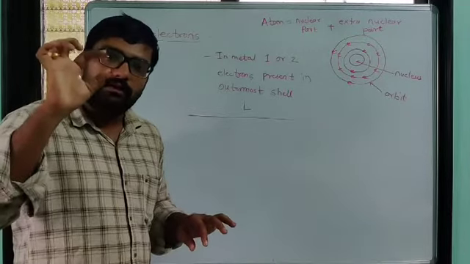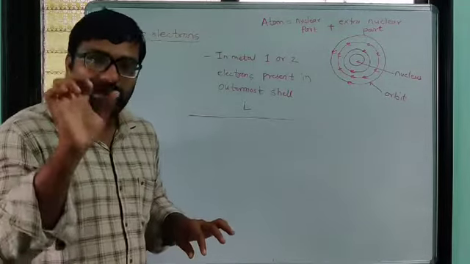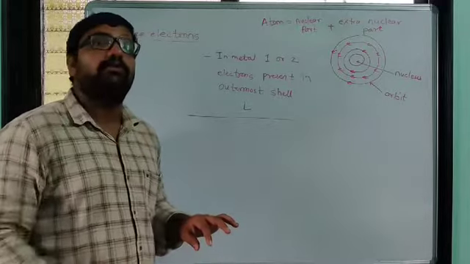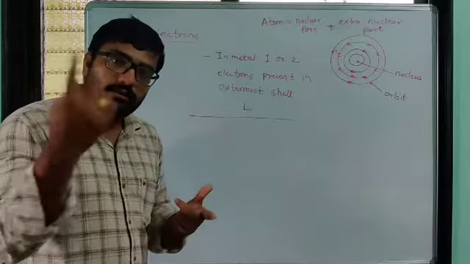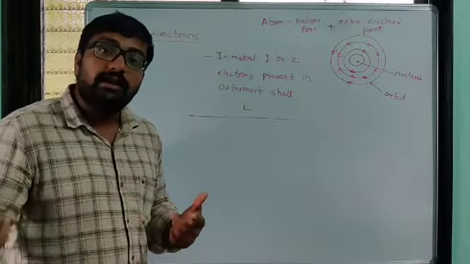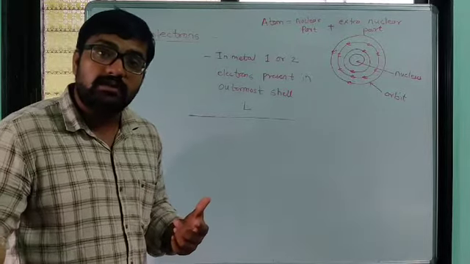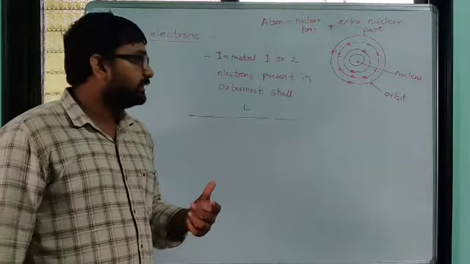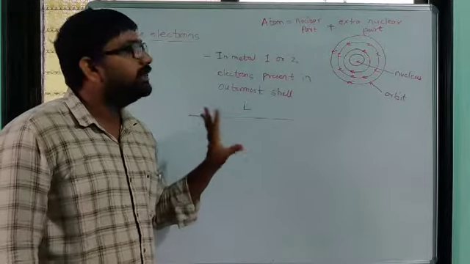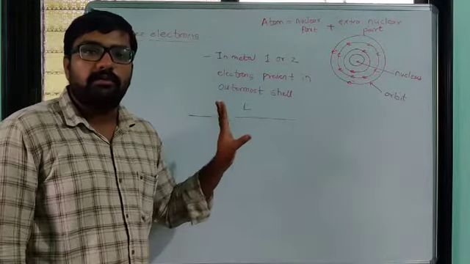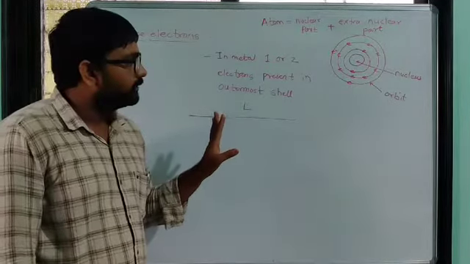So electrons are the carrier of negative charge. You have to remember that. Protons are positive and electrons are the carriers of negative charge. That much we have to remember for today.